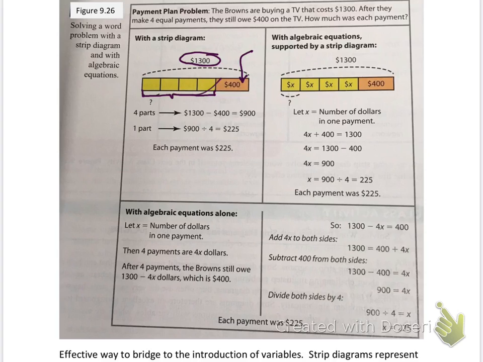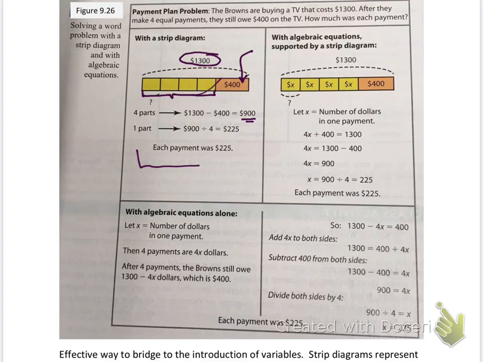So you can then figure out what each part is by dividing by 4, since they told you the payments are equal. You take the 900, that was your result when you said 1,300 minus 400, and divide that by 4, and you get equal payments of $225.